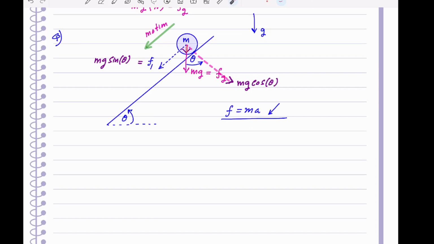Now you can see mg here, you can see mg cos theta here, you can see mg sin theta here. However, this object moves in this direction because of this F1. So we use F equals ma in this scenario, in the direction of the motion.